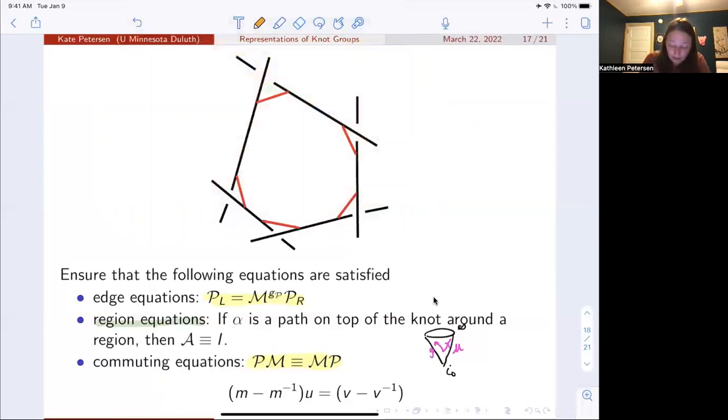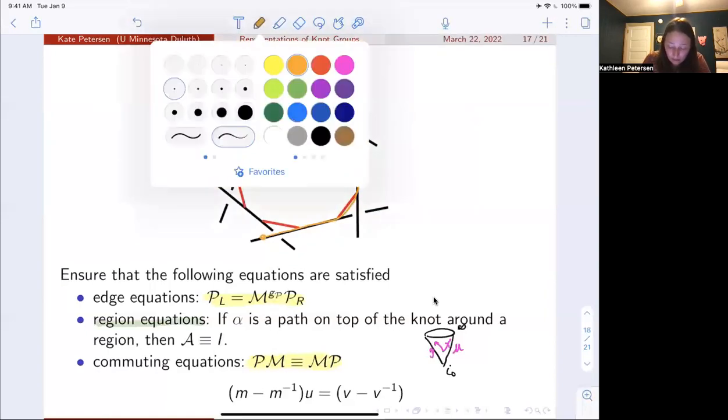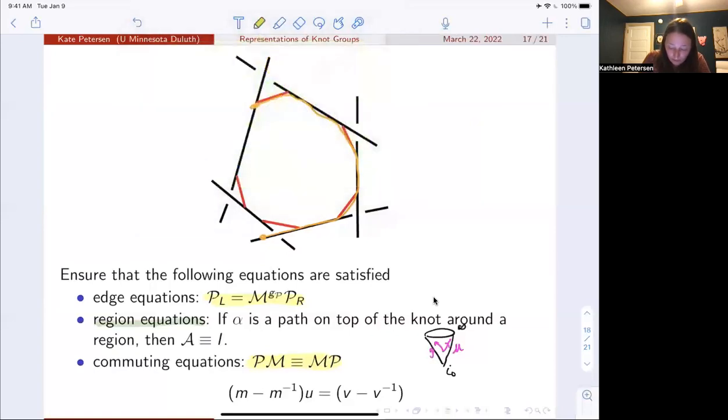For example, let's just say I start here. I could go around this way to there, or I could go something like this.